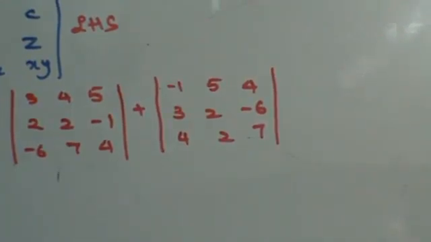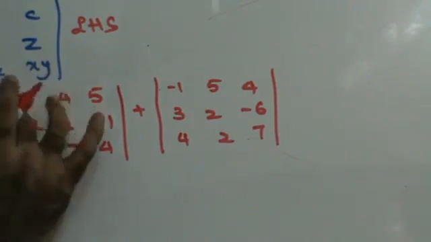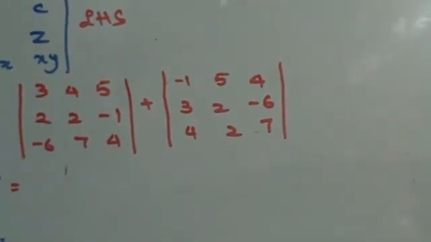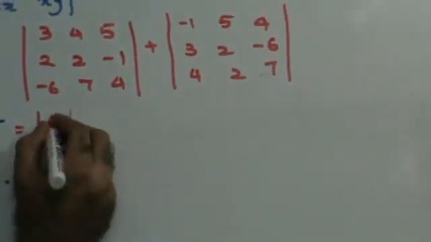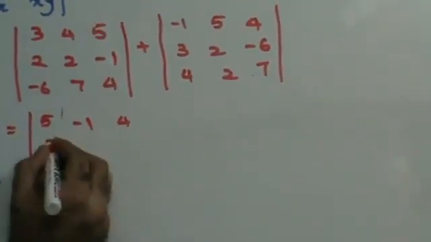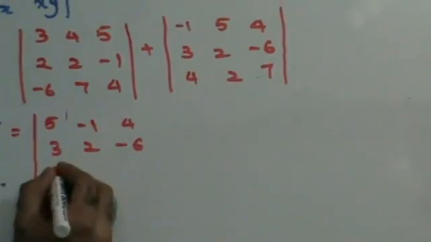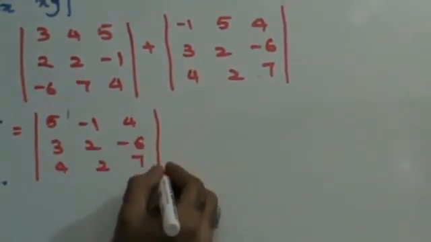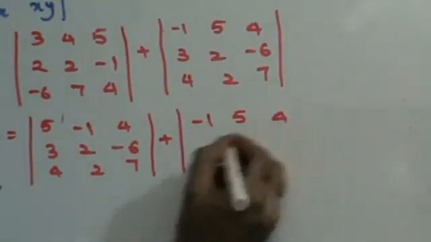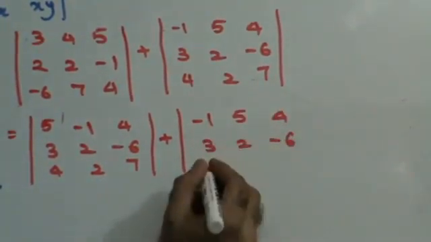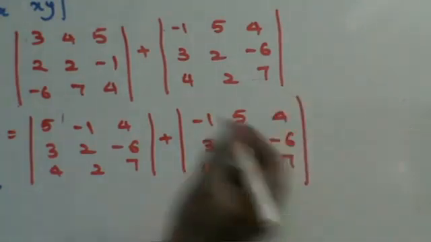Now the value of the first determinant we found out is nothing but 5 minus 1 4, 3 2 minus 6, 4 2 7, plus minus 1 5 4, 3 2 minus 6, 4 2 7.